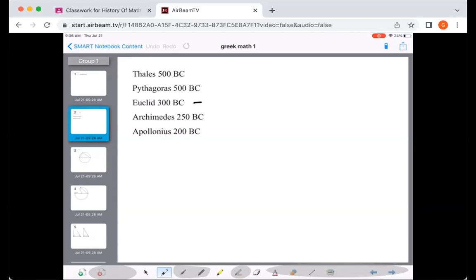Euclid wrote a book that's called the Elements. There are other books that were called the Elements. The Elements is what you called a book that had geometry theorems in them.